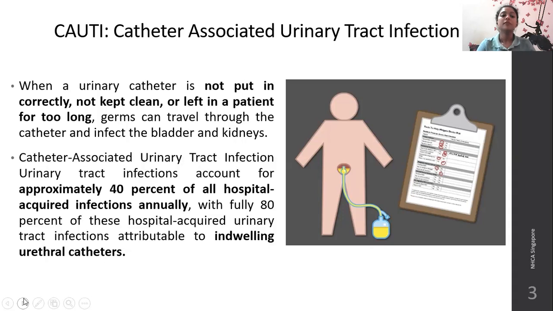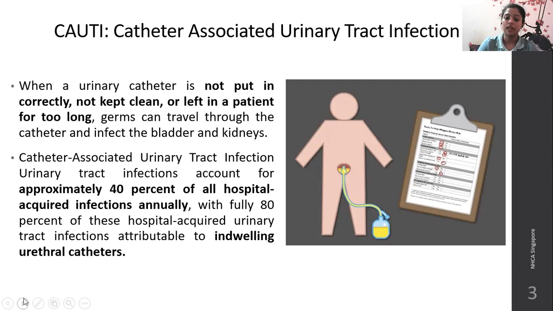Catheter-associated urinary tract infection accounts for approximately 40% of all the hospital-acquired infection annually, with full 80% of these hospital-acquired urinary tract infections attributable to indwelling urethral catheters.